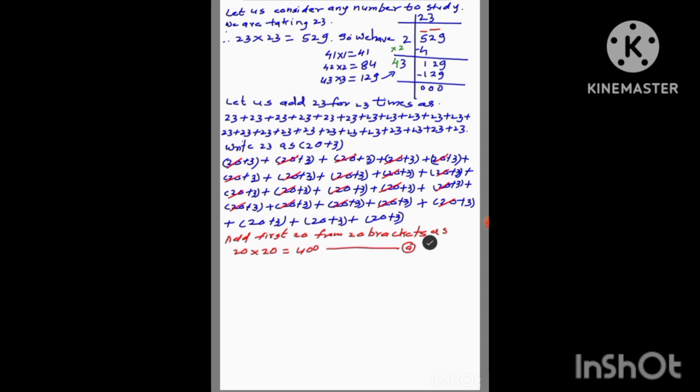Now this is the important step. We are left with 3, 20 times. 3 plus 3 plus 3 plus 3, all companions of the 20 which you have already taken. You have already taken 20, 20 times. So the 3 companion of this 20 is remaining, 3, 20 times. See, I am writing 3, 20 times, and 3, 23 times.